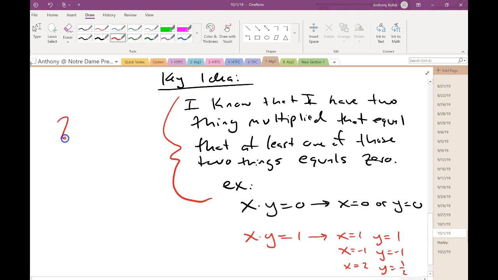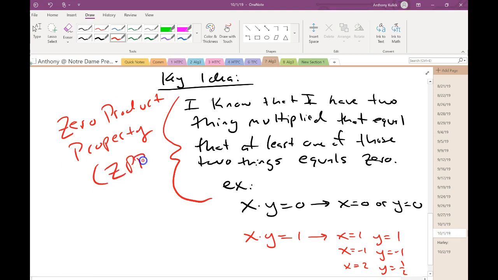This we give a name to. We call this the zero product property, and I often abbreviate that as ZPP because we talk about it a fair bit.